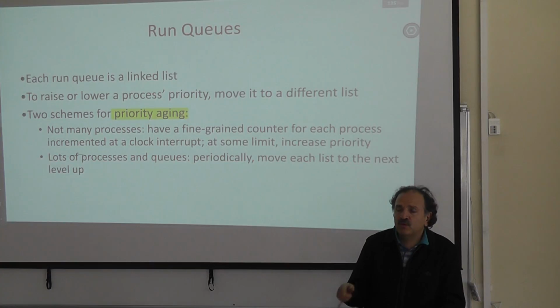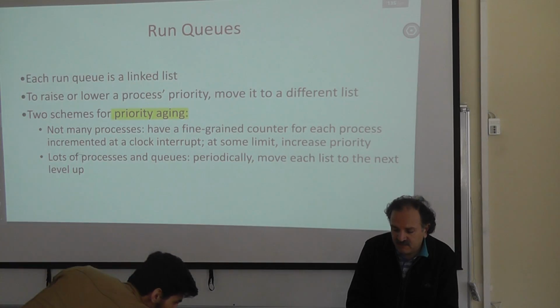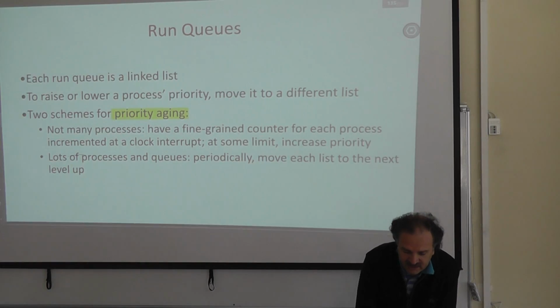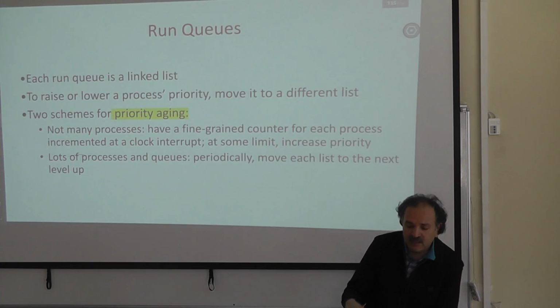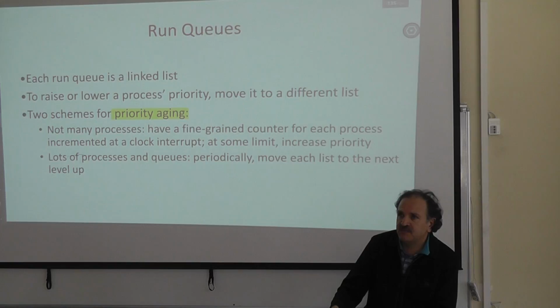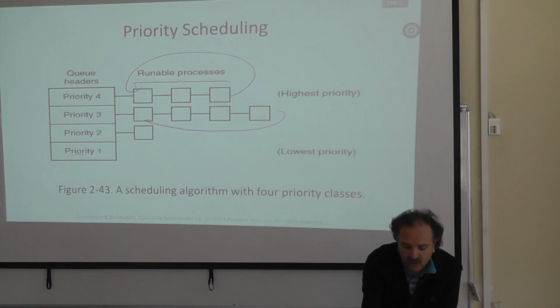So you do your adjustment with respect to each process, one by one, if you don't have many processes. But if you have many processes, then doing this is very expensive because you have to adjust the priorities of each process one by one. Instead, you periodically move each list to the next level up. So you change the priority of the whole level.